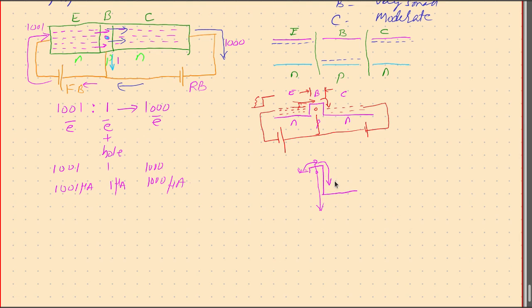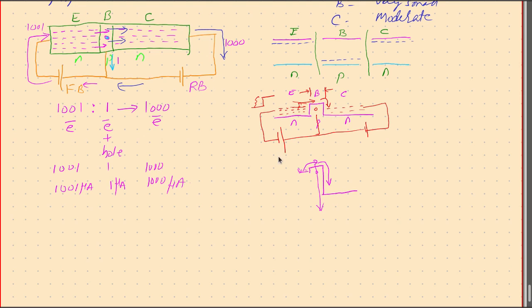Yes, this is the real situation. When you look at the situation in terms of energy, things will be very clear. Here there is a barrier, and this barrier will not allow electrons to flow into the base. So you need to overcome the barrier.